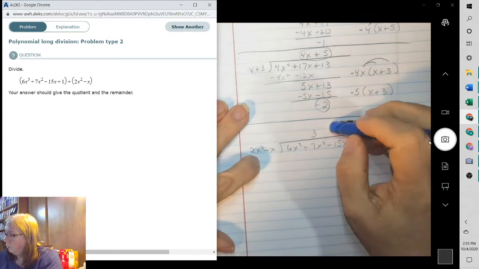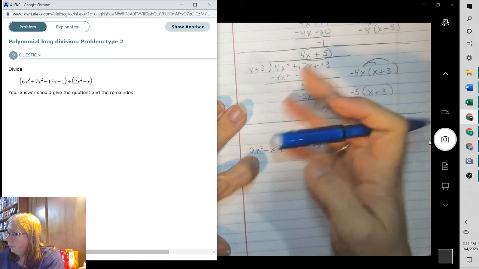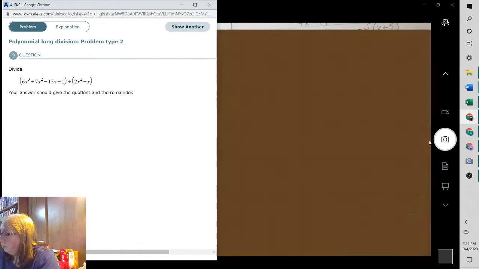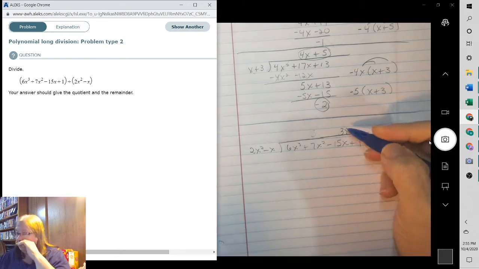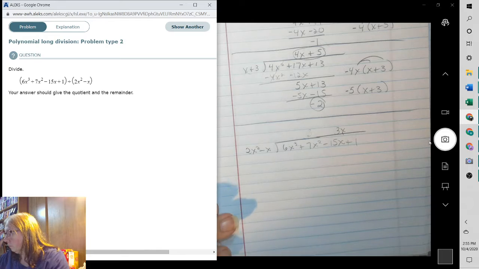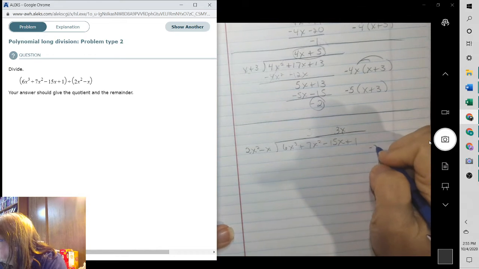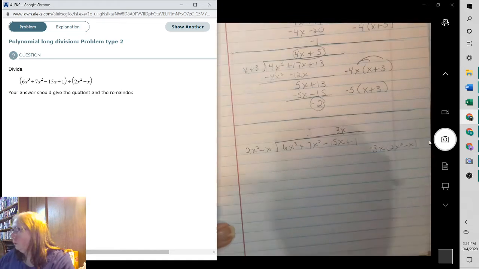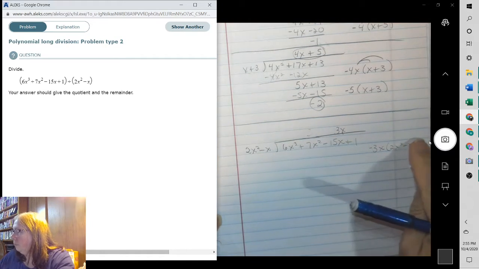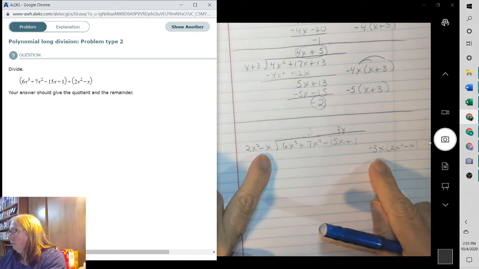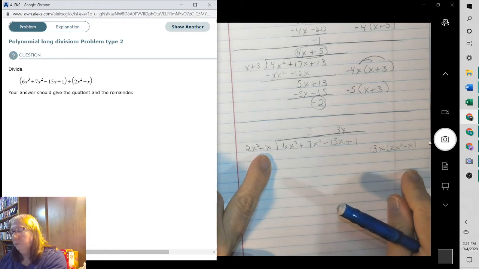And I always line these up. We need an x, so we need 3x. And so I'm lining it up with the x's. So I'm going to take the 3x times 2x squared minus x, and I made it a negative because I'm subtracting.